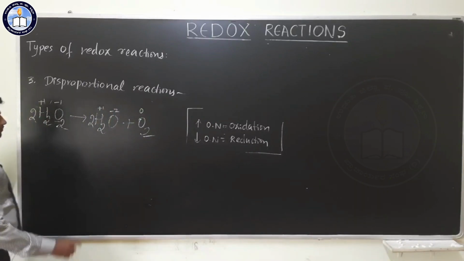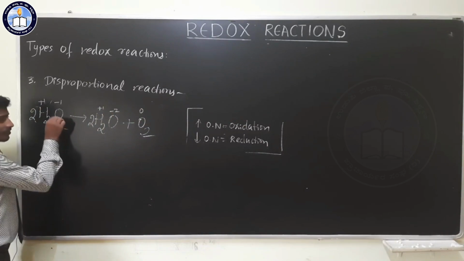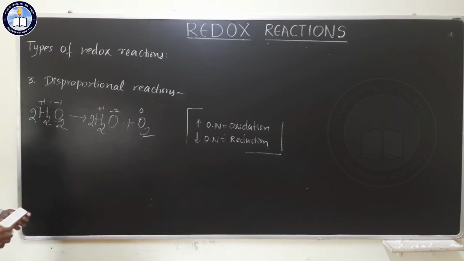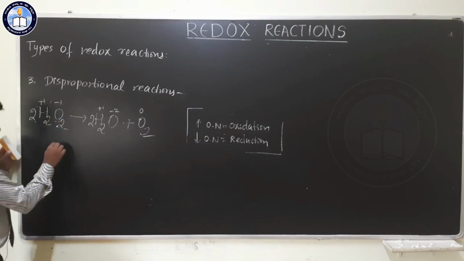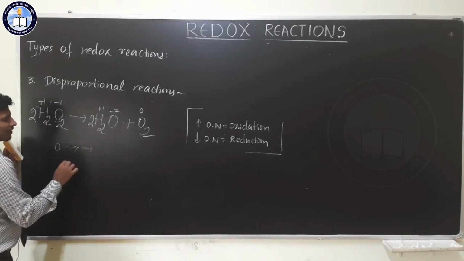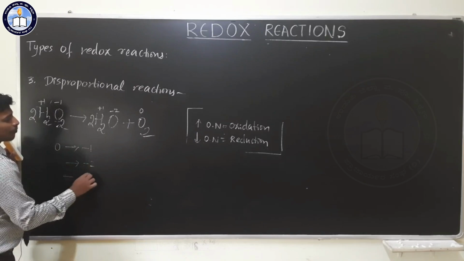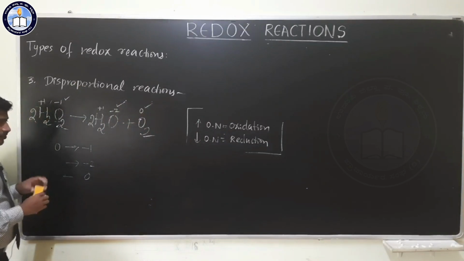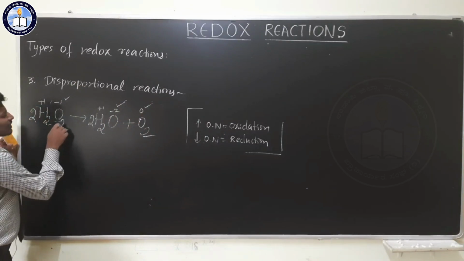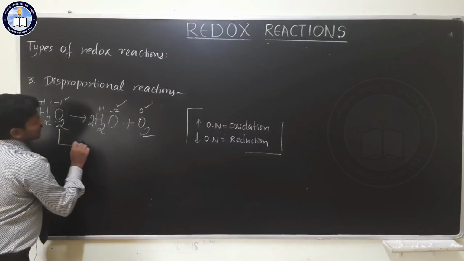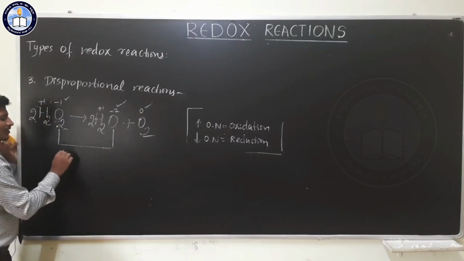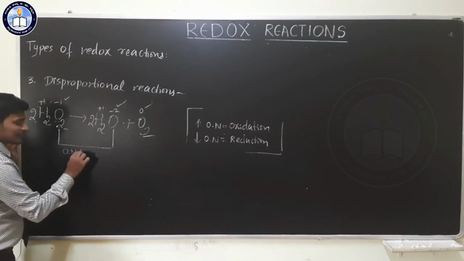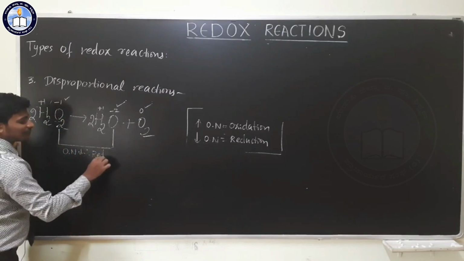See this carefully. Oxygen is available in 3 different oxidation numbers: -1, then -2, then 0. Going from -1 to -2, the oxidation number decreased, therefore it is known to be reduction.